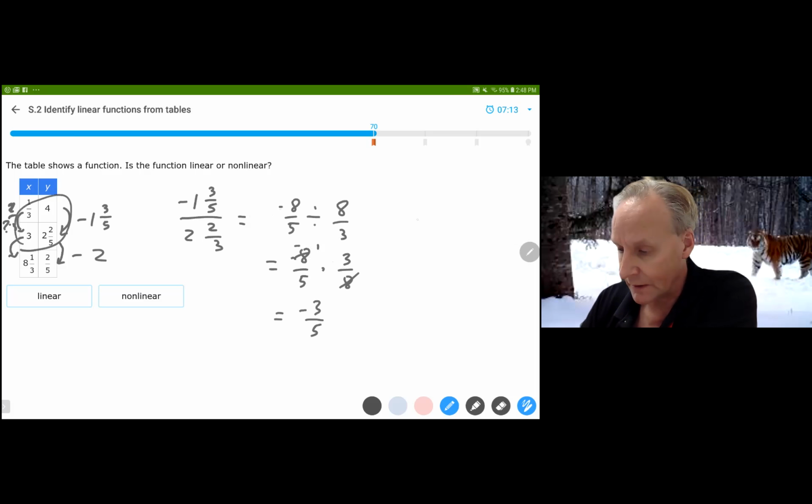On my second pair, I had a change of negative 2 over, and it looks like I went from 3 to 8 1/3, which is up 4 2/3.